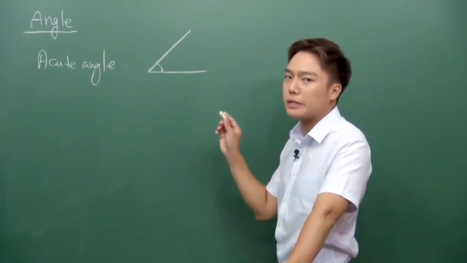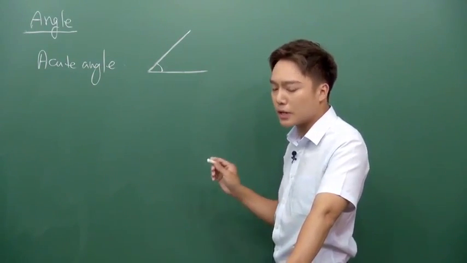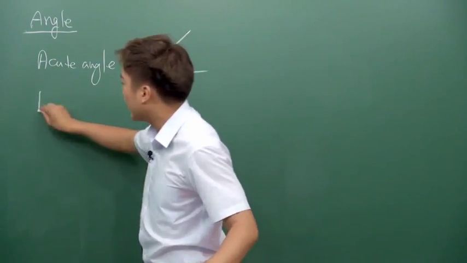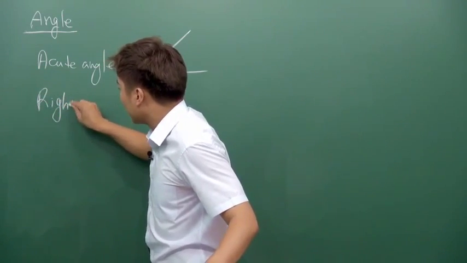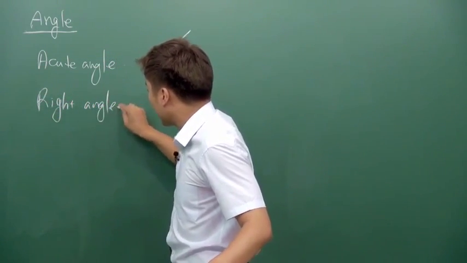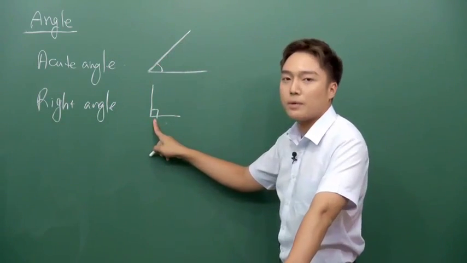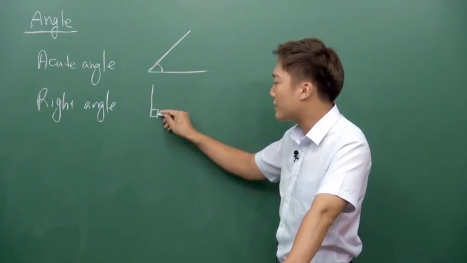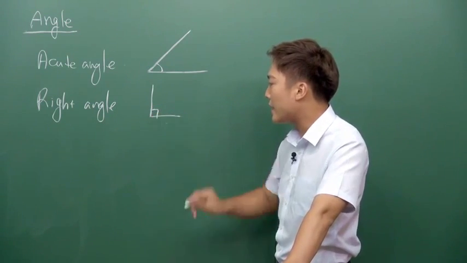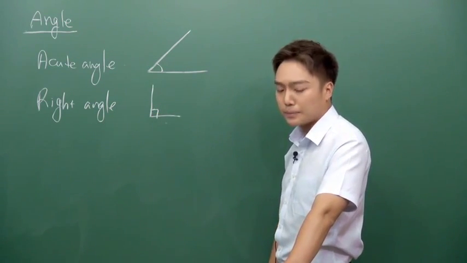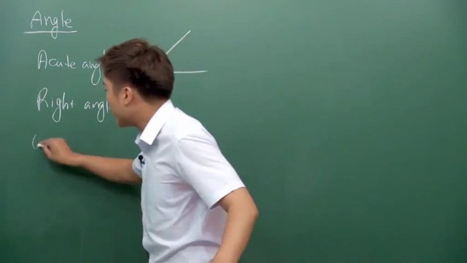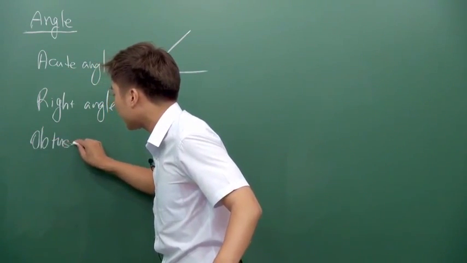So it can't be 90 degrees. 90 degrees is called something else. What is it called? Right angle, okay? And we show it with this symbol right here, a sort of square symbol at the very tip of the angle, okay?